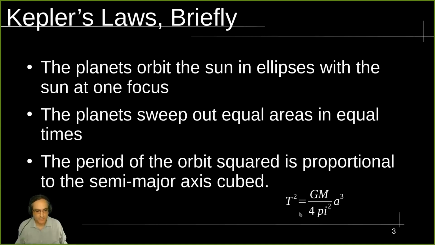I will be referencing this equation about how the period squared depends on the semi-major axis very briefly when we're talking about some of the Lagrange points, because there are interesting things that happen there.